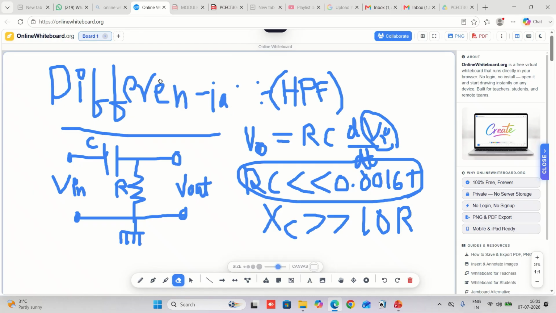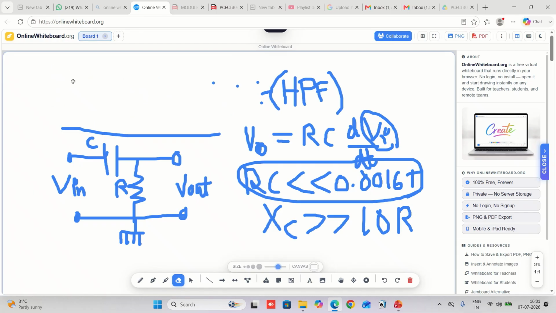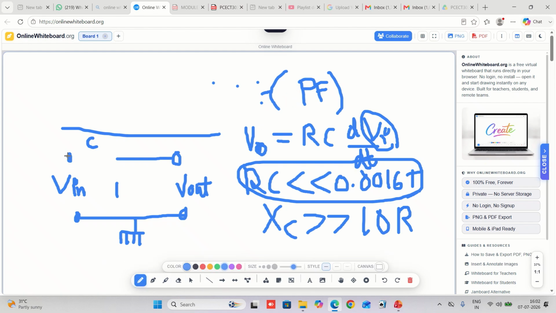But how will you get the low pass filtering action? By interchanging the resistance and capacitance, we will get the low pass filter action. In the differentiator case, we already connected the capacitor at the input and the resistor at the output.